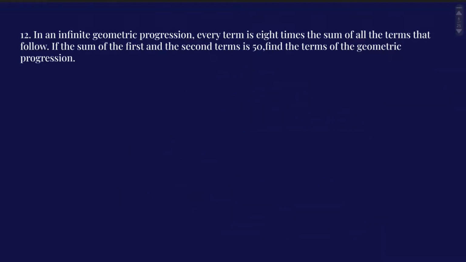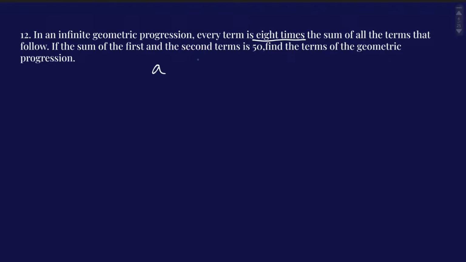So let's look at this question now. In an infinite geometric progression, every term is 8 times the sum of all the terms that follow. If the sum of first and second terms is 50, find the terms of the geometric progression. So what we are given is every term is 8 times the sum of terms that follow.